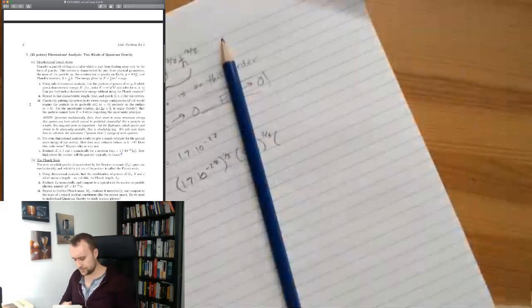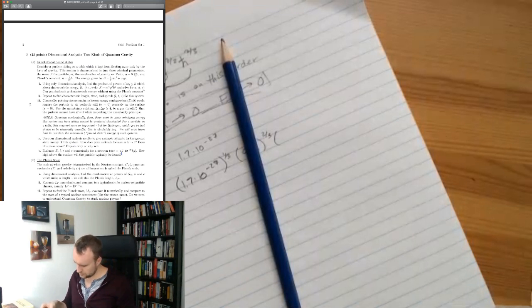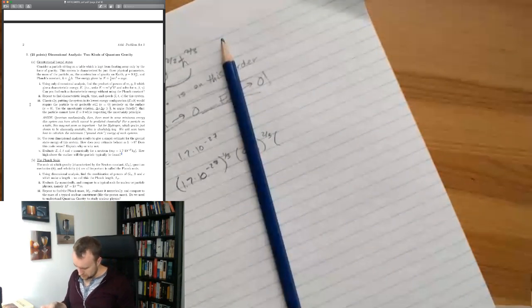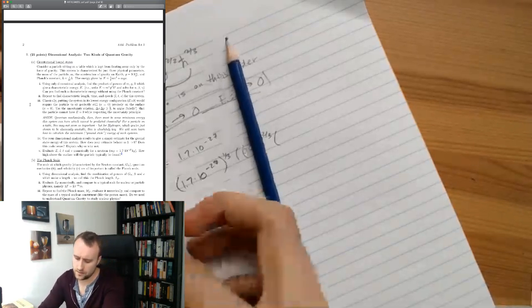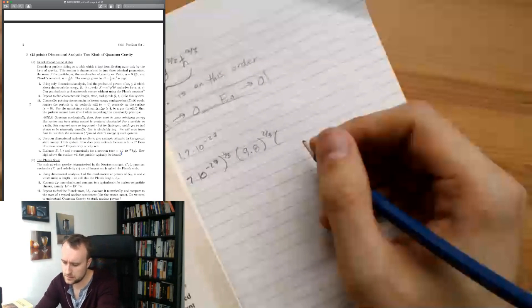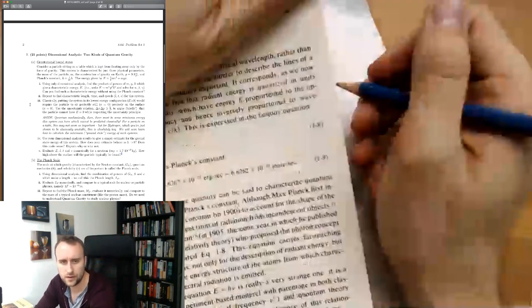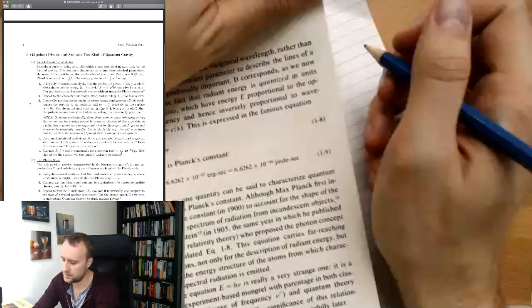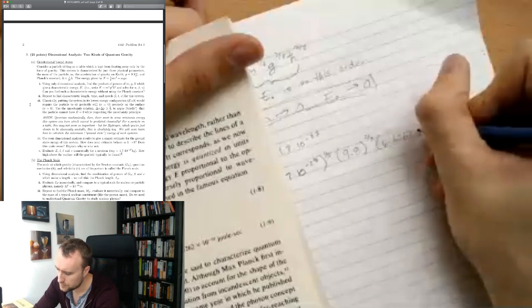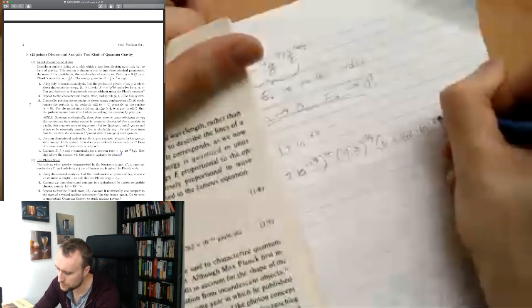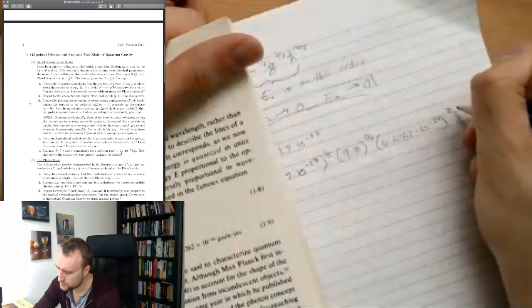Let me find it again here. Planck's constant in joule seconds, I'm just copying it down. This is 6.6262 times 10 to the negative 34, to the 2/3.